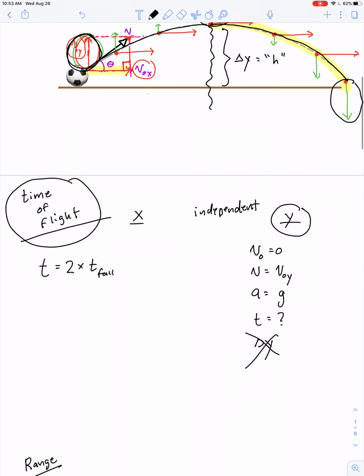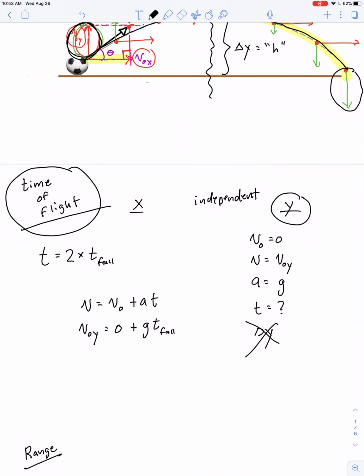So the equation we're looking for here is final velocity equals initial velocity plus acceleration times time. So in this case, we have v naught y equals 0 plus gt. Of course, this is just the amount of time it takes to fall.